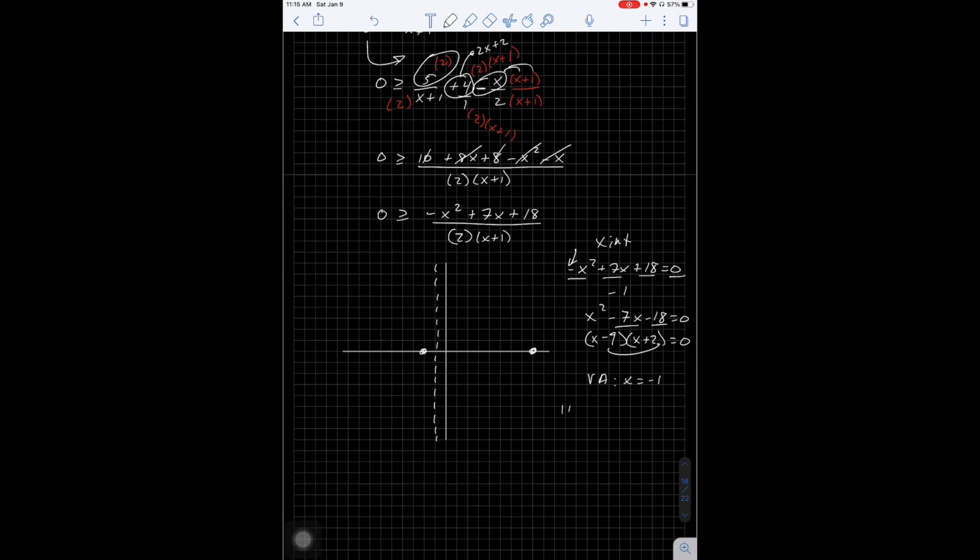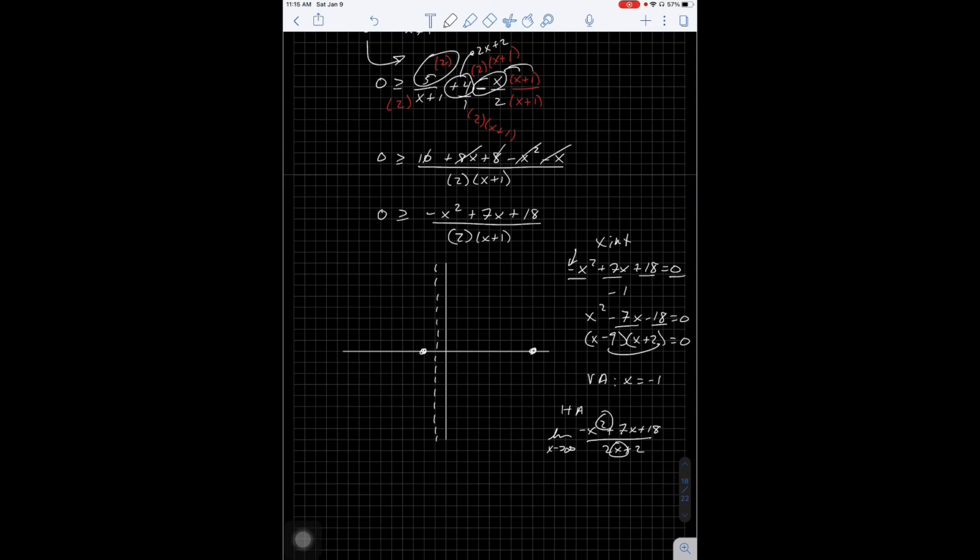For my horizontal asymptote, it is helpful to look at it with everything multiplied out. So I'm going to take the limit as x goes to infinity of negative x squared plus 7x plus 18, over 2x plus 2. I'm dividing everything by x, and if you have noticed the patterns by this point, the power up here is higher than the power down here.